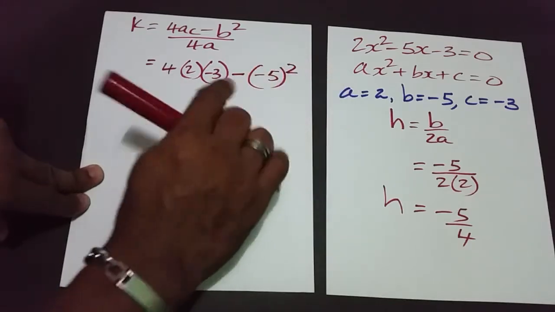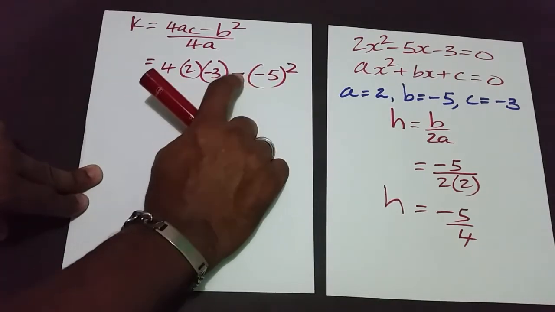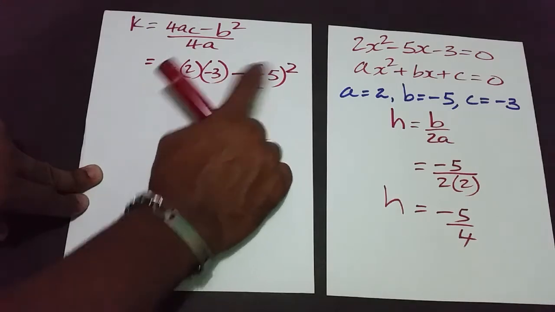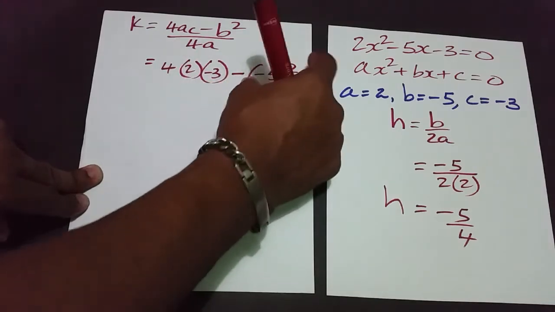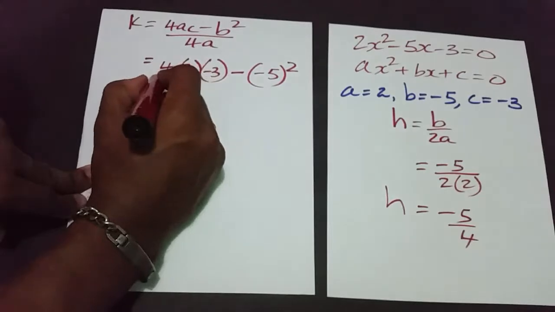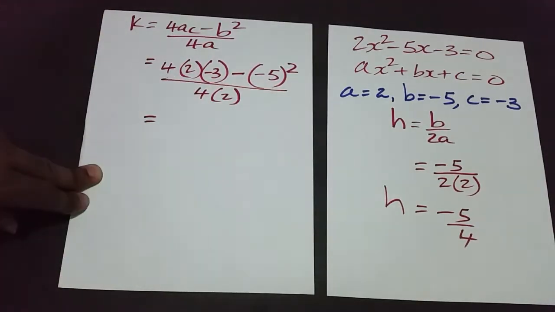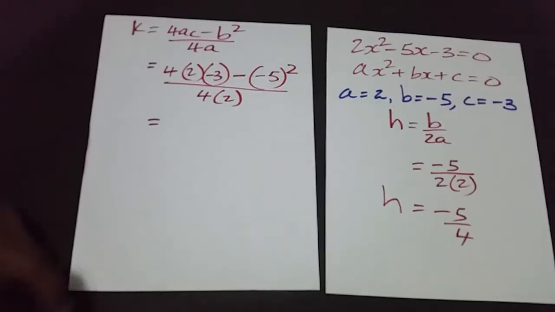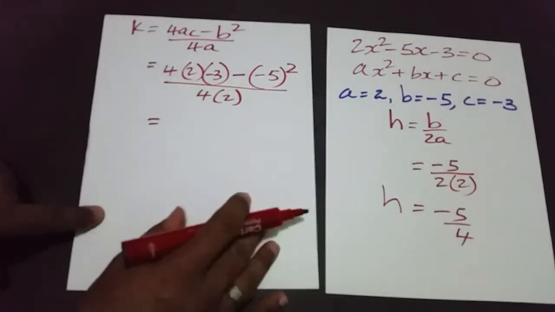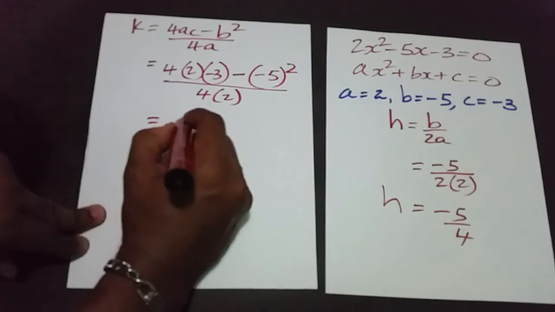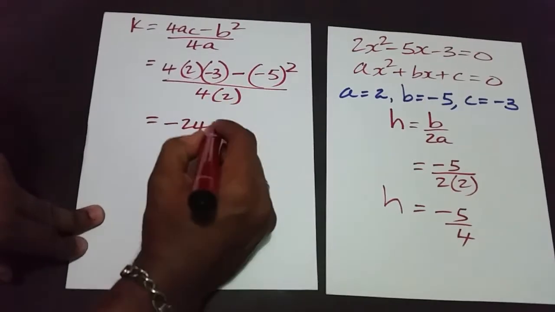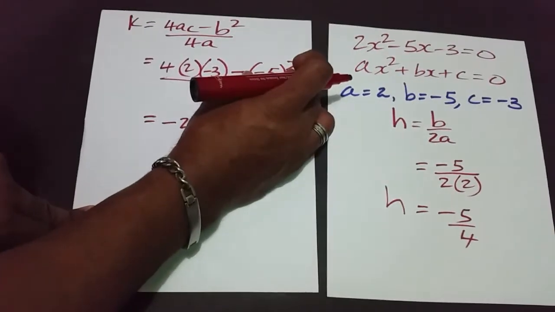Be very careful at this, because I often see students change the sign before the square, and all of that is incorrect. You have to square first. All right? So watch that. And a is 2. So 4 times 2 is 8. 8 times −3 is −24. The minus comes back here, and then we're going to square −5.